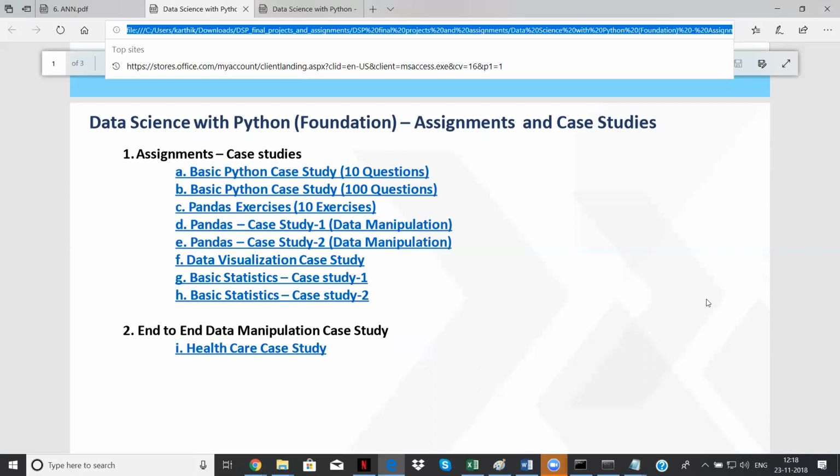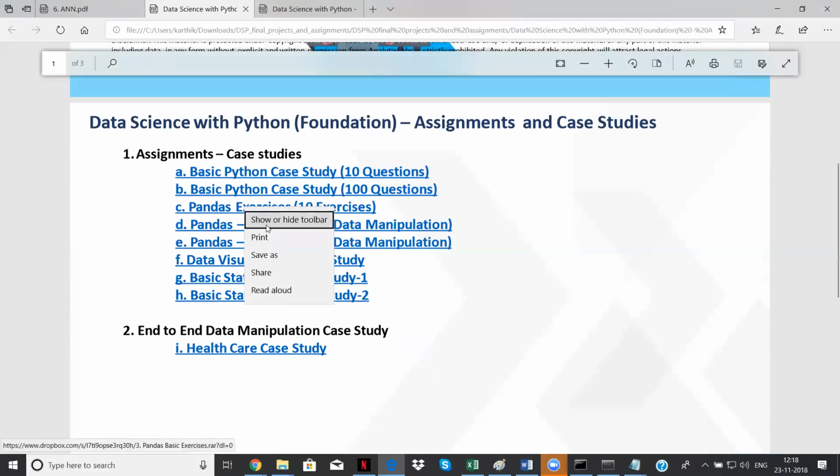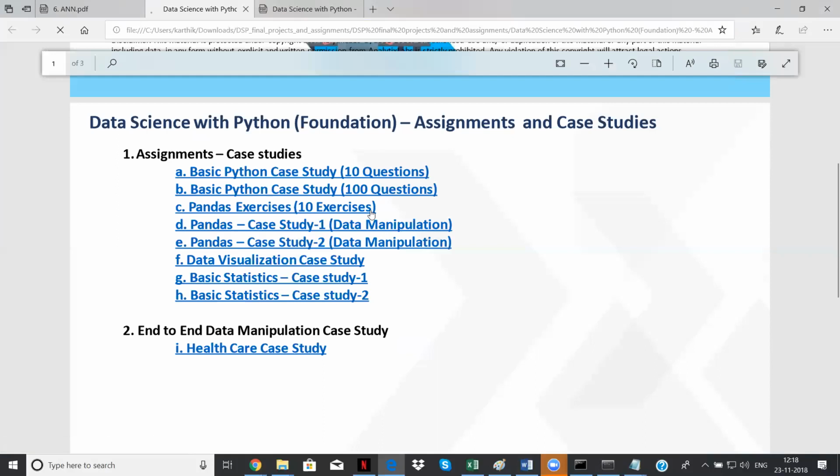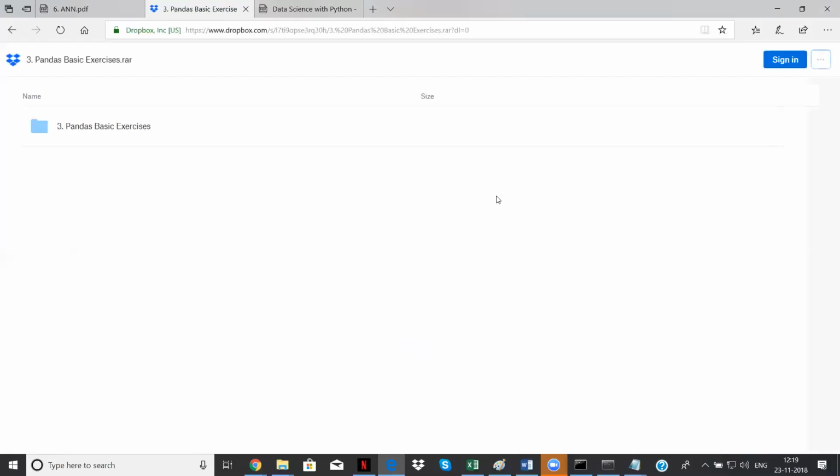Pandas exercises. I again have 10 short and sweet exercises. This covers everything related to pandas basic data manipulation. You will have functions like simply creating your data using dictionaries, or importing data, or fetching the columns, or subsetting, sorting.